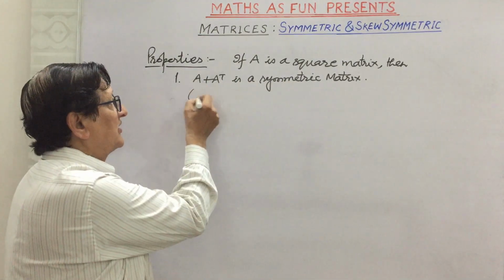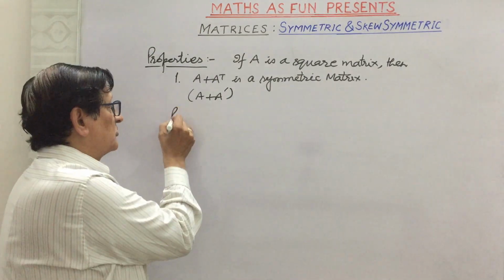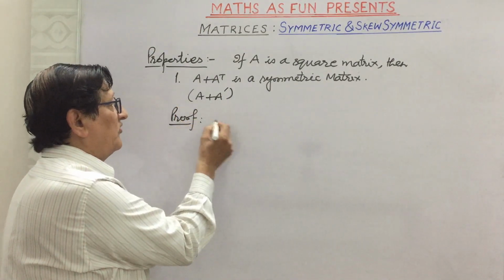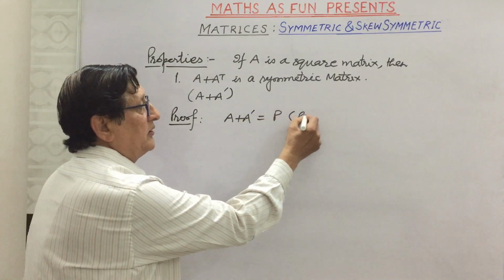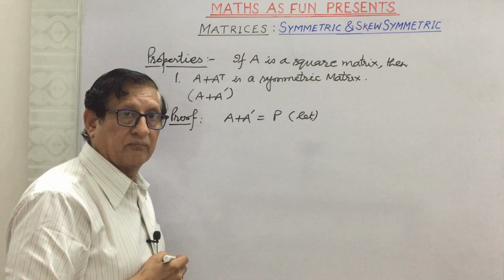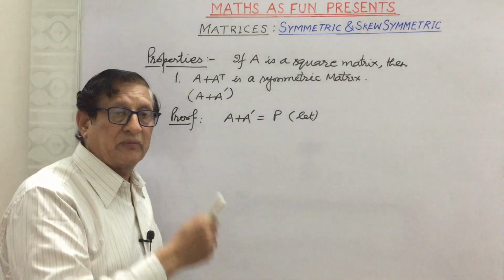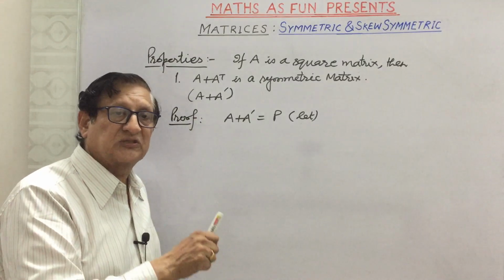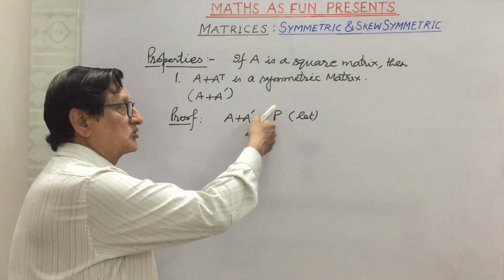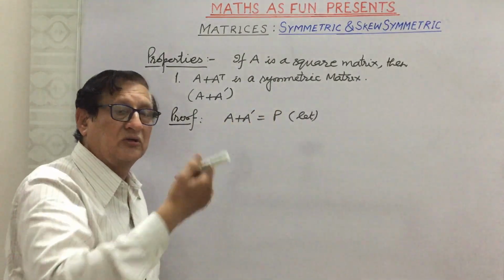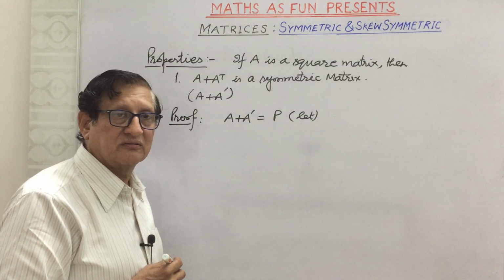For the proof of this theorem, we consider that A plus A dash is equal to P. Then we know that any square matrix is symmetric if its transpose is equal to itself. It means here if we are able to show that the transpose of P is equal to P, then we can say it is a symmetric matrix.